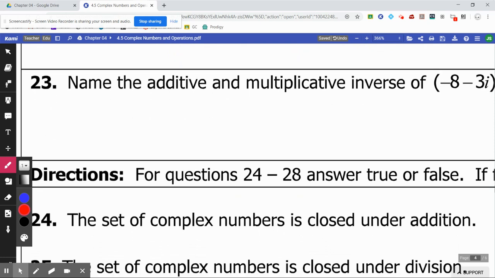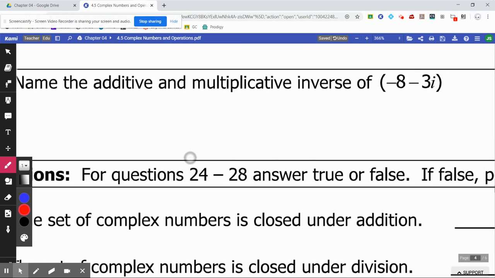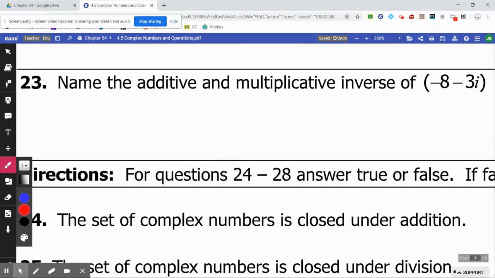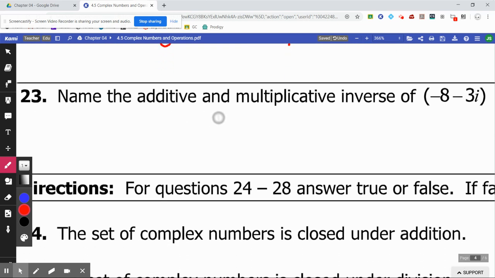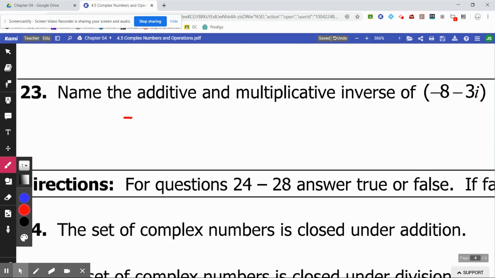Number 23 says name the additive and multiplicative inverse. Okay, the inverses are what could I add to that complex number to give me the additive identity, which was 0. And you can always add the opposite, which would be negative 8 minus 3i. Or you could say that would be 8 plus 3i. Either one of those would work.